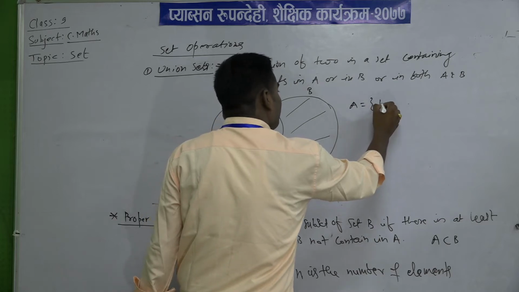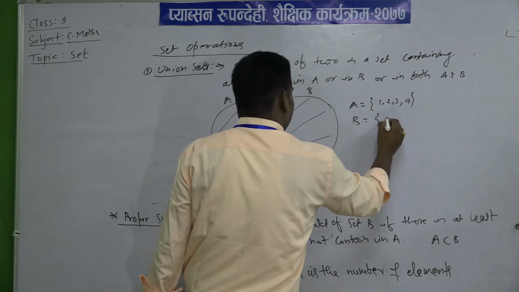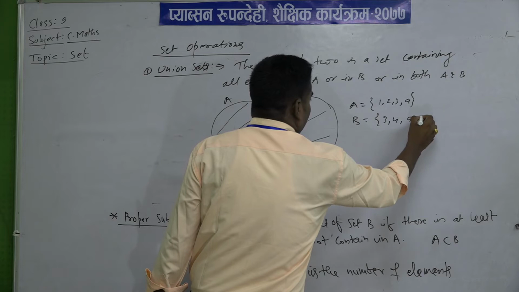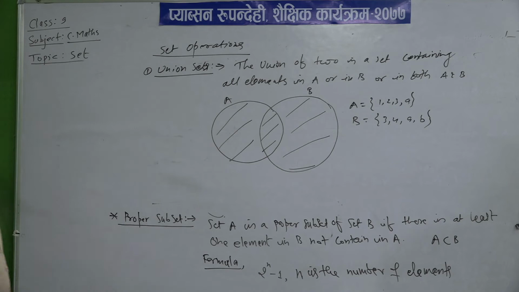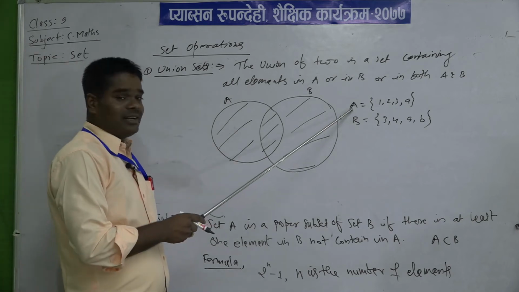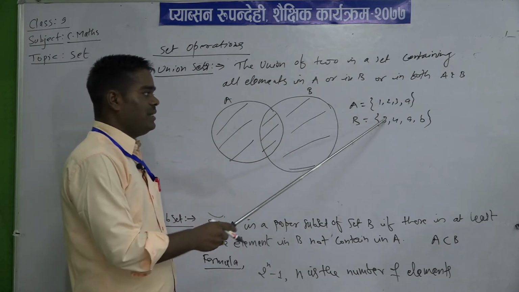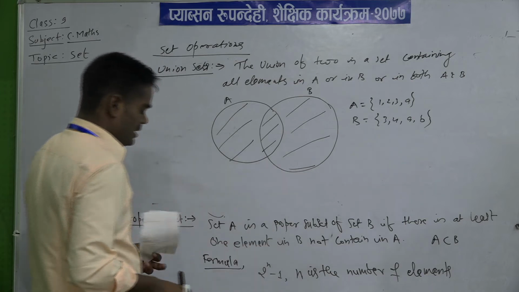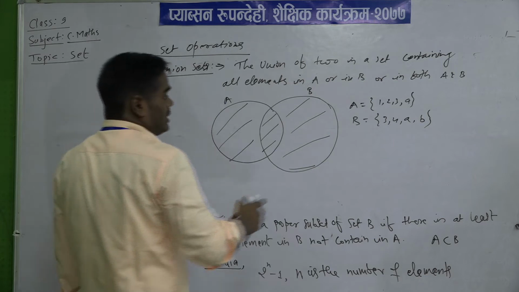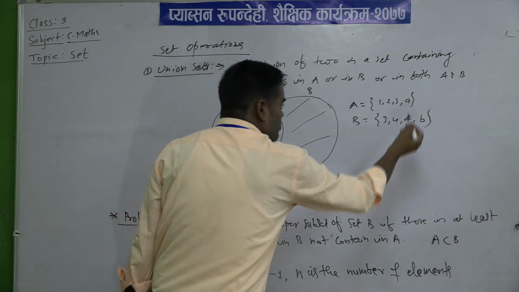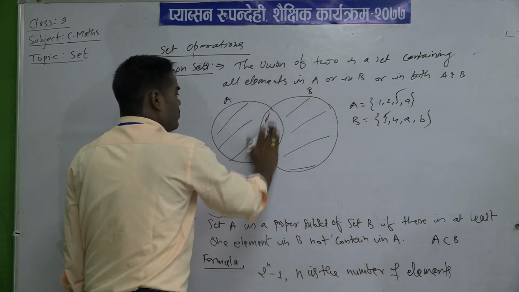Let us see an example. Suppose set A has elements 1, 2, 3 and B has elements 3, 4. Firstly, in both sets, what are the common elements? First find out 3, so write here 3.